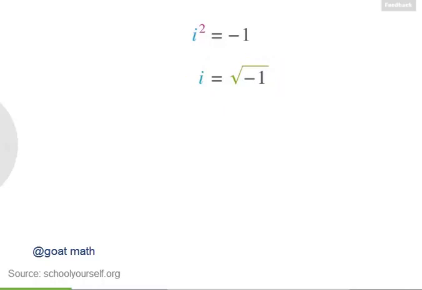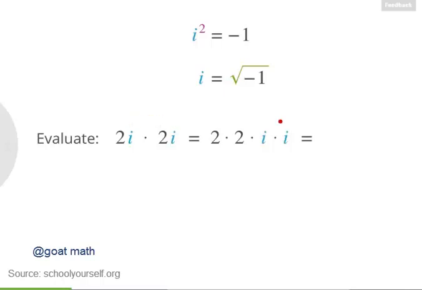Okay, so let's try some examples. Suppose you have 2i, which is the same as 2 times i. And now let's say you're multiplying that by another 2i. Can you evaluate this product? Remember, when you're multiplying numbers together, you can multiply them in any order without changing the answer. So we can rearrange this product as 2 times 2 times i times i.